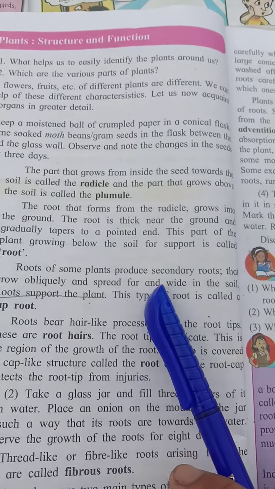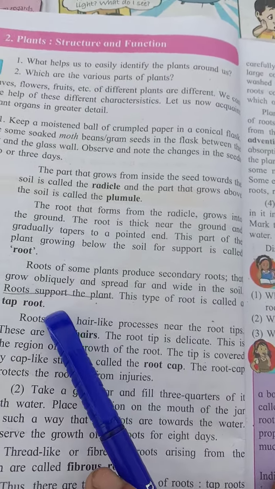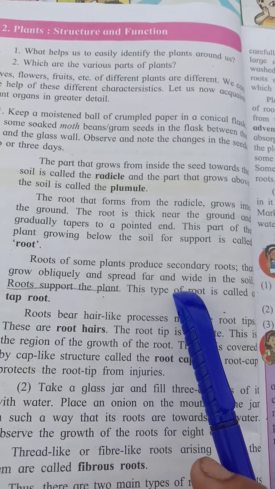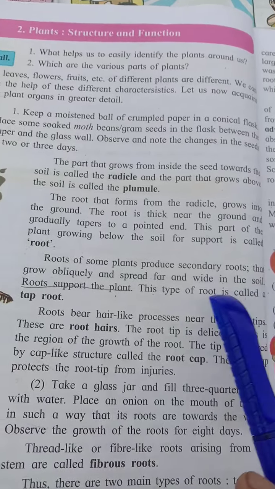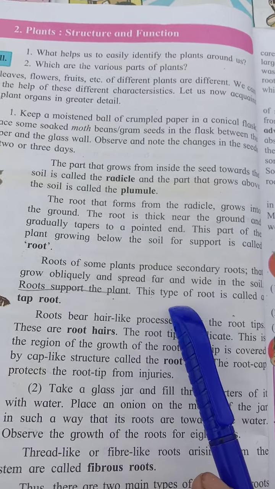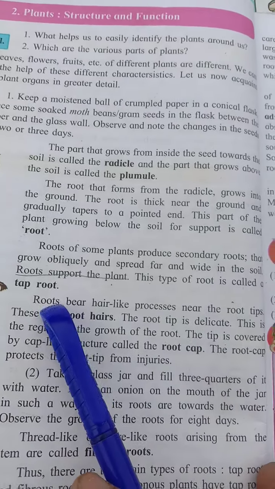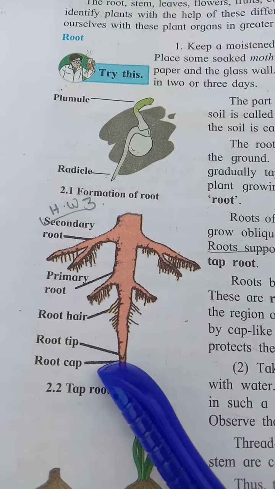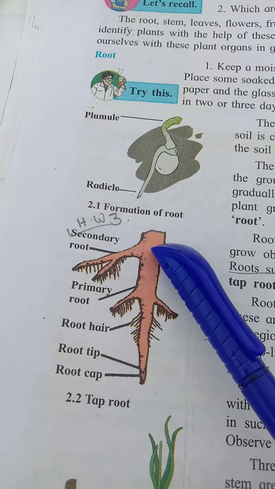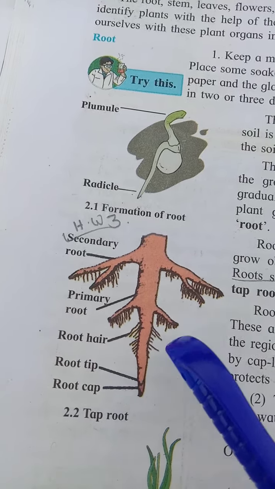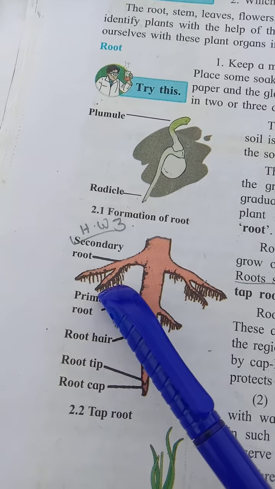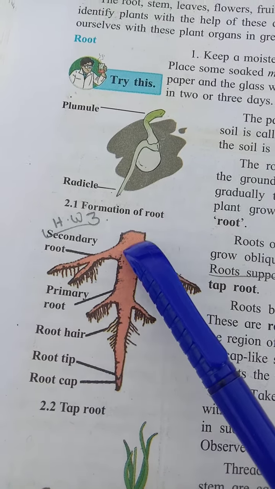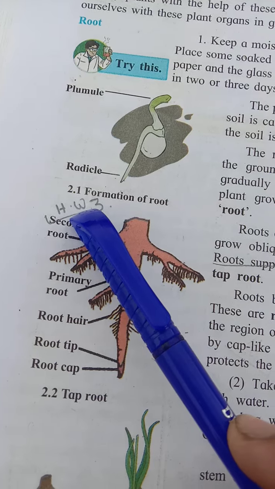Roots of some plants produce secondary roots that grow obliquely and spread far and wide in the soil. This type of root is called a taproot. Look at this picture. This is the taproot, this is the main root, and the roots growing from the main root are the secondary roots.